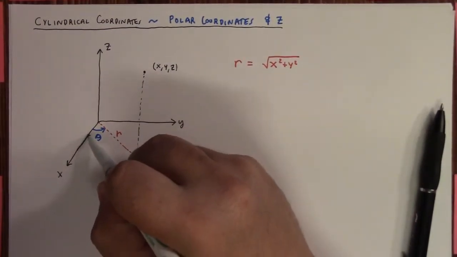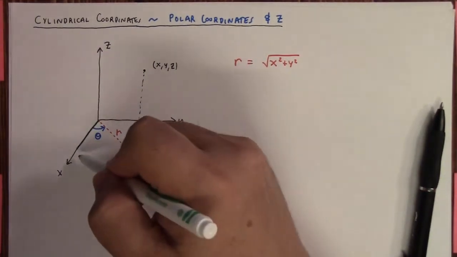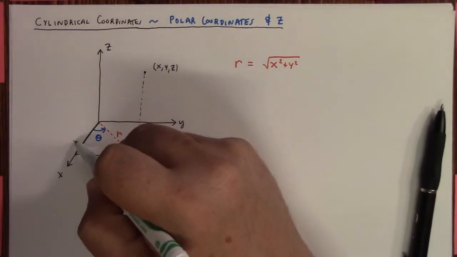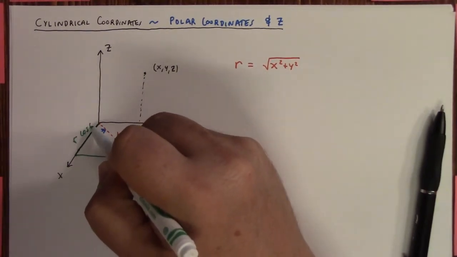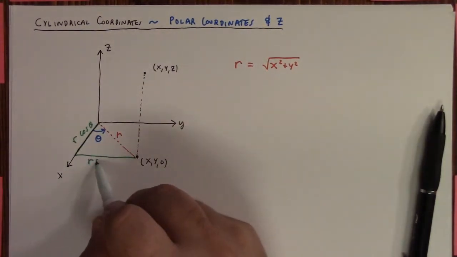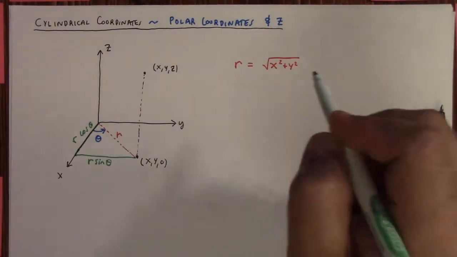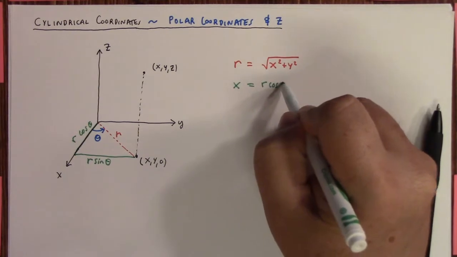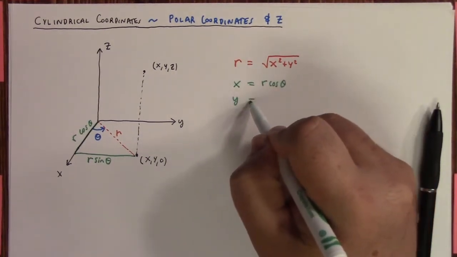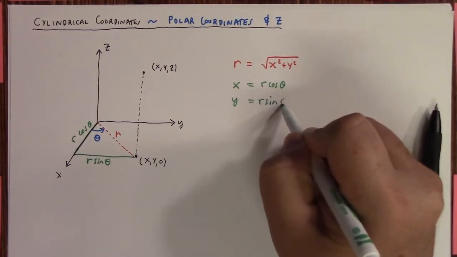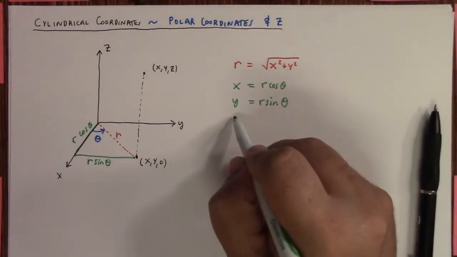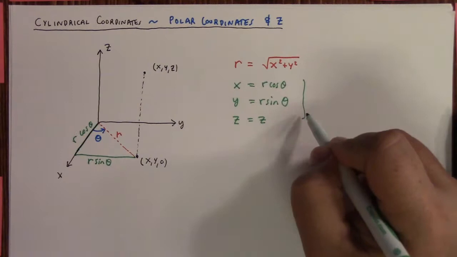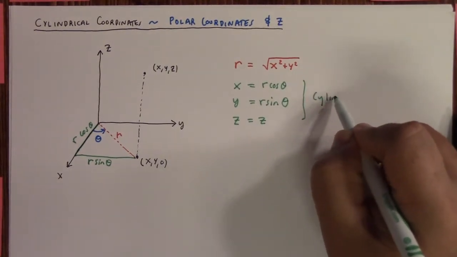This guy and this guy make a right triangle in the xy plane. Here you've got your r cosine theta. Over here you've got r sine theta. In other words, we still have x equals r cosine theta and y equals r sine theta. And, well, we don't always write this, but z equals z. These define the cylindrical coordinates.